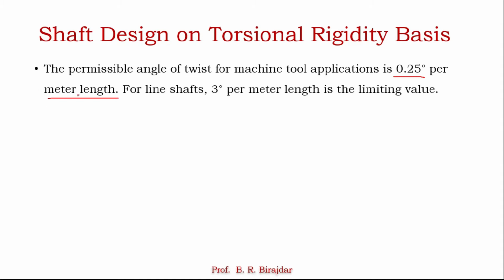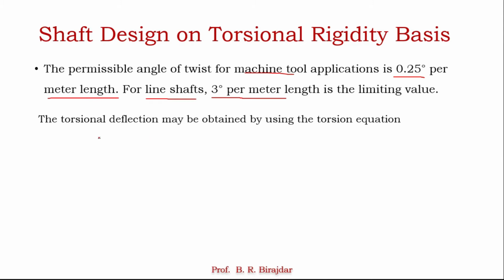And for the line shaft, 3 degree per meter length is the maximum limiting value that we can consider. So in machine tool application it should be 0.25 degree, and for the line shaft application, where the length of the shaft is more, 3 degree per meter length of angle of twist is allowed.